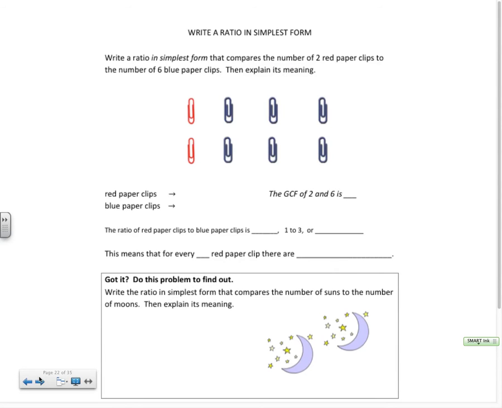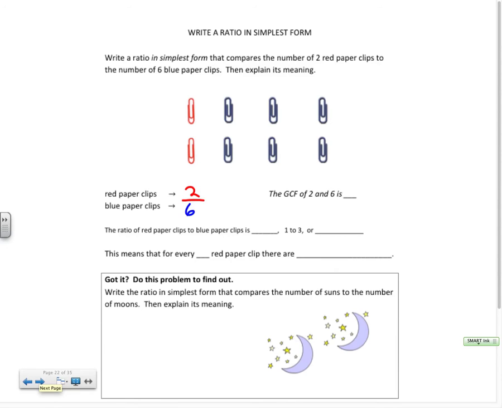Okay, so write a ratio in simplest form. Write a ratio in simplest form that compares the number of 2 red paper clips to the number of 6 blue paper clips, then explain its meaning. So when we write ratios, remember we're comparing 2 different things. So we have 2 red paper clips compared to 6 blue. We can treat it like a fraction.